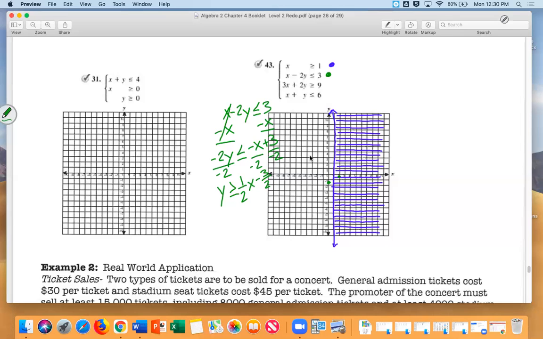Up 1 to the right 2. And it's going to be a solid line. And it says y is greater than. So greater than is a plus.